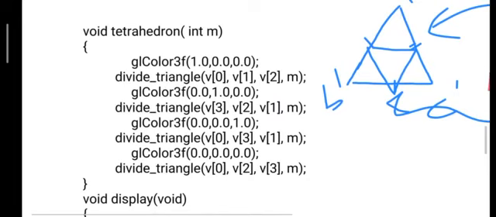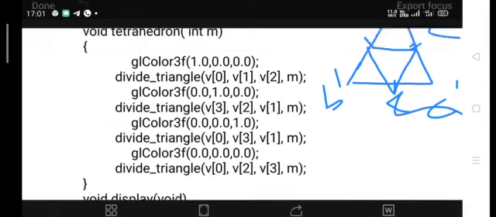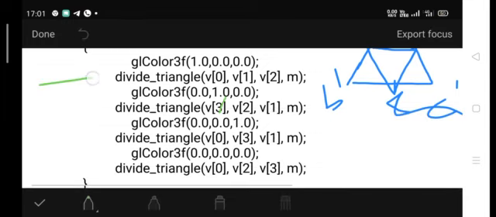So the definition of a tetrahedron: a tetrahedron is nothing but a set of 4 triangles. So 4 times we are making a call to the divide triangle function, as you can see, individually for each facet.